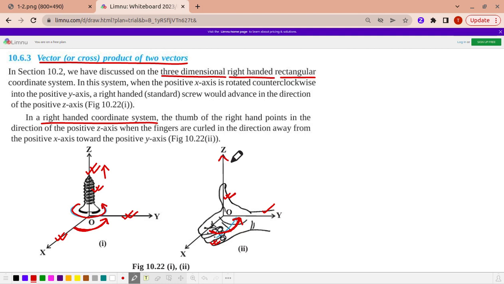That is also known as the right-handed coordinate system. You can consider this as the right-hand thumb rule. That is very relevant in the context of the discussion of the cross product or vector product.